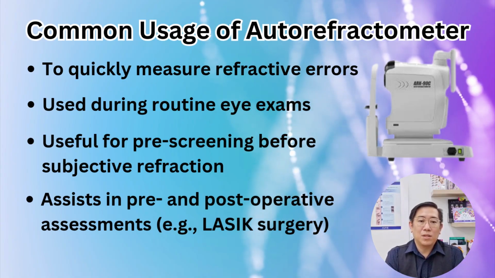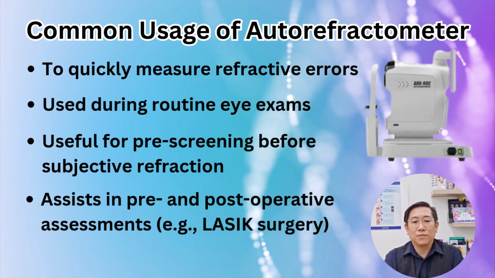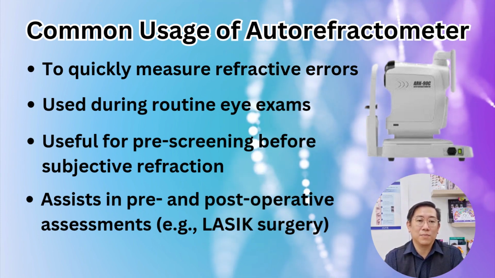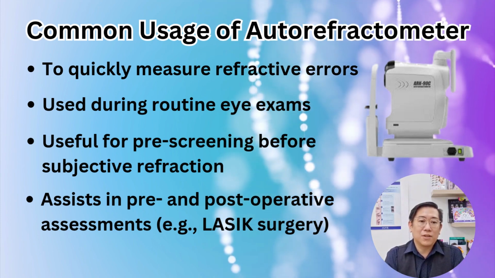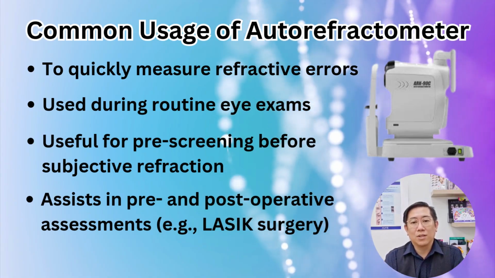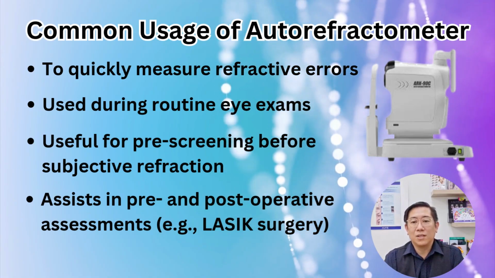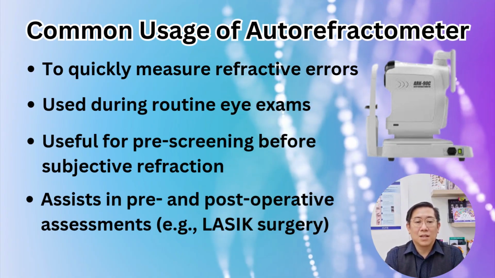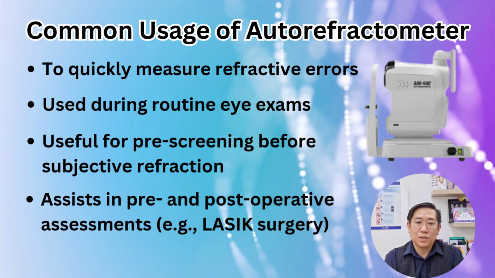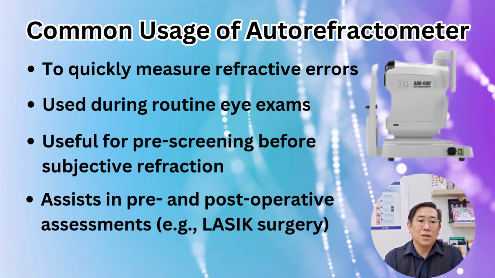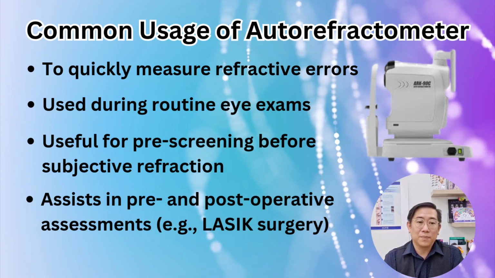However, while the autorefractometer offers many advantages, it does come with limitations. Its accuracy may be reduced in patients with cataracts, corneal opacities, or irregular corneal surfaces. In young patients, the natural focusing of the eyes, called accommodation, can cause the machine to overestimate the myopia.